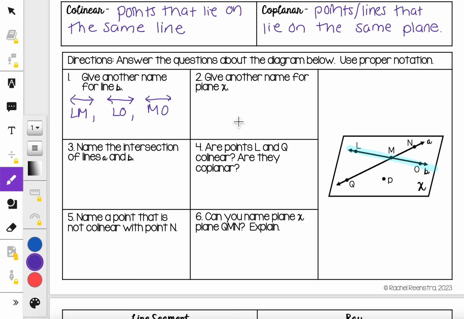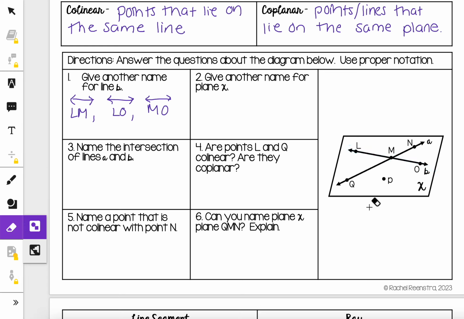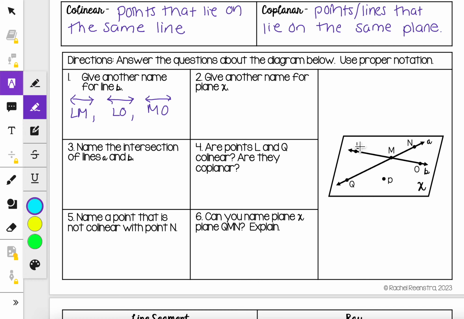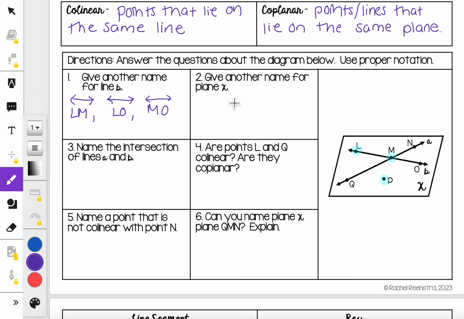Number 2 is asking me to give another name for plane X. All right, so plane X is this whole entire plane. If I want to pick another name for it, I'm going to have to use 3 points, and I want to make sure those 3 points are not on the same line. Okay, so here I could use L, M, and P. If I look at those 3 points, they are not on one single line.